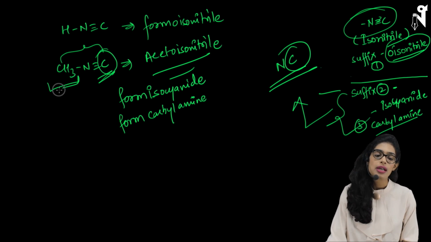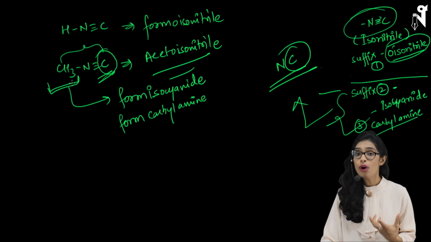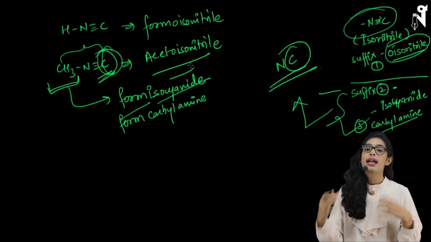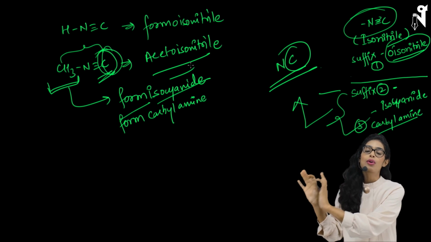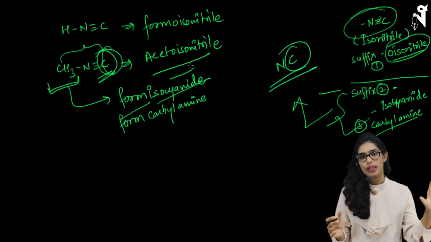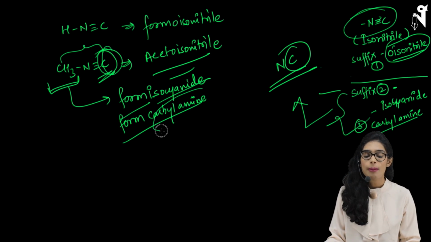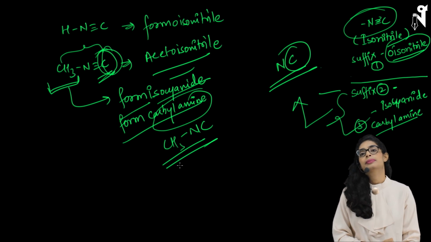I'm just going to count this carbon to find out my word root. So the word root here is form, because I cannot consider the carbon of NC. I will just write formisocyanide, and isocyanide itself means that I am talking about NC. I'm just counting an additional carbon attached in the chain. Similarly, formcarbolamine means carbolamine is NC and form means one more carbon attached to it.